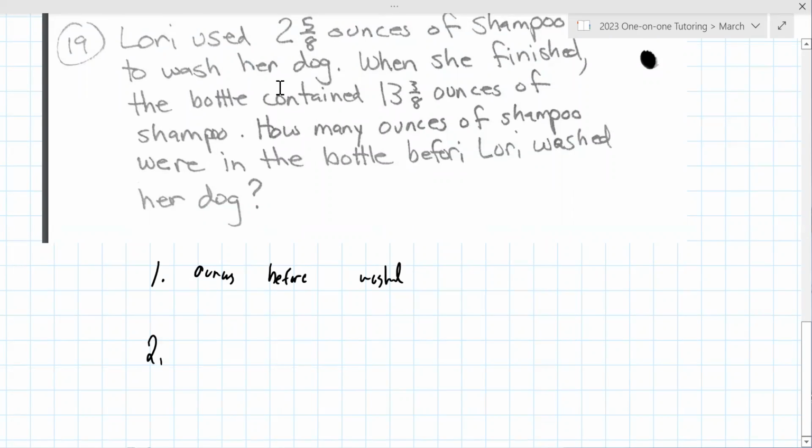Lori used 2 5/8 ounces of shampoo to wash her dog. When she finished, the bottle contained 13 3/8 ounces. So you might draw the before and then the after.